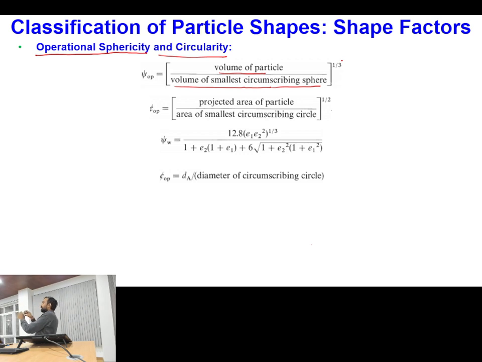Whatever the smallest sphere that can be fitted around the particle, if I simply take the volume of the particle divided by the volume of that smallest sphere, and take its power as 1/3, that will give me the operational sphericity. Is this point clear? The smallest sphere which covers the particle.